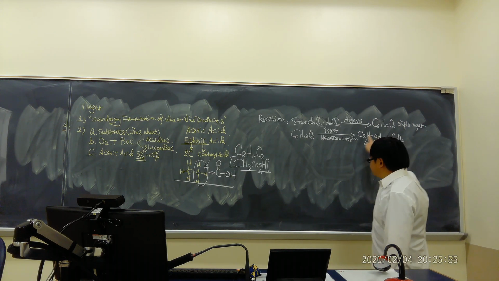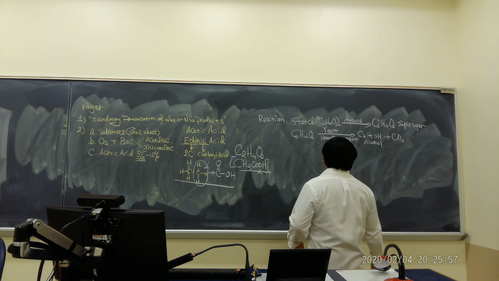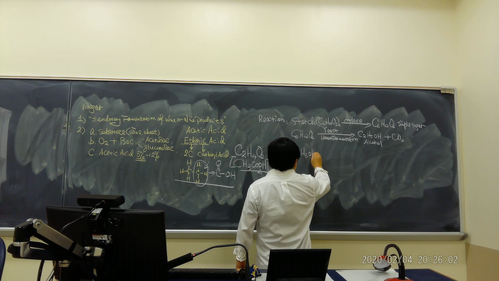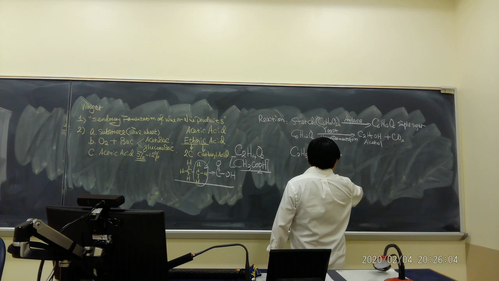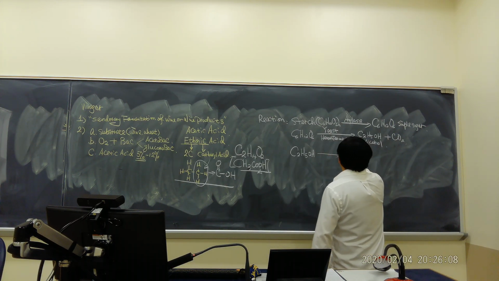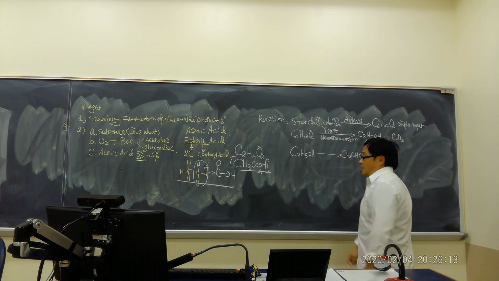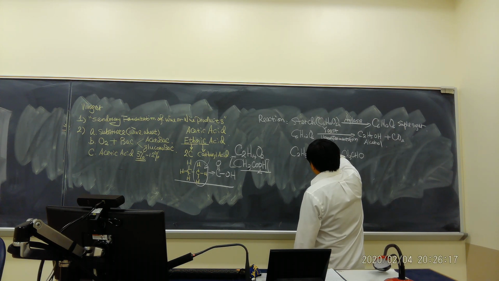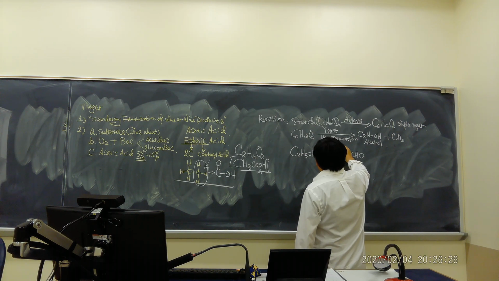Okay, then alcohol goes down. What is going to happen? First of all, they will generate acetaldehyde. This relies on most of the time alcohol dehydrogenase.